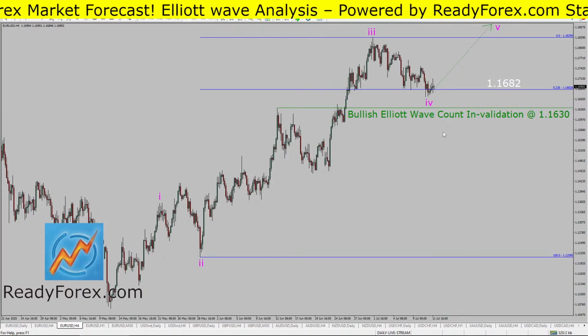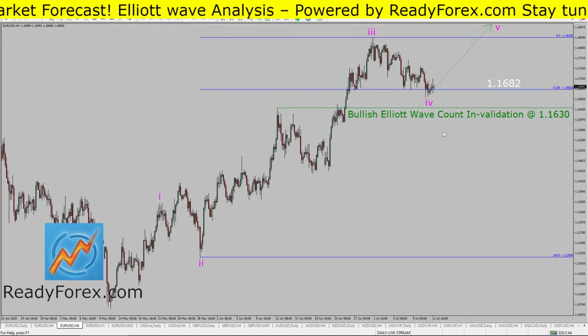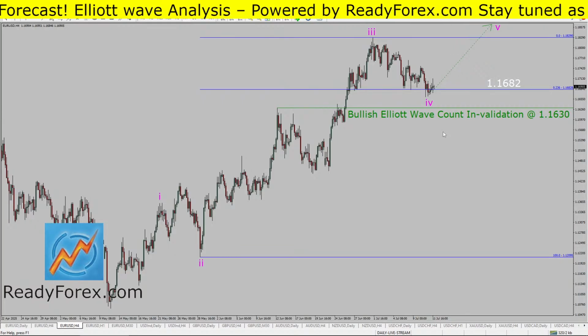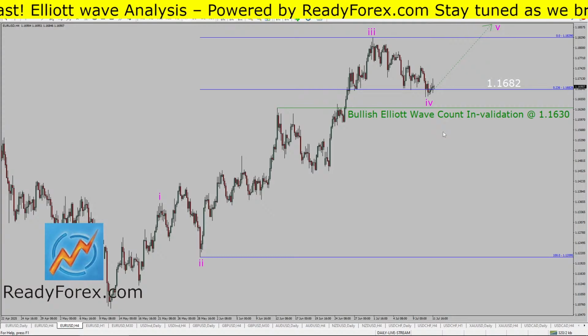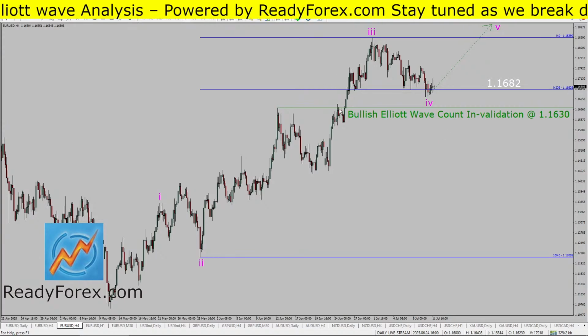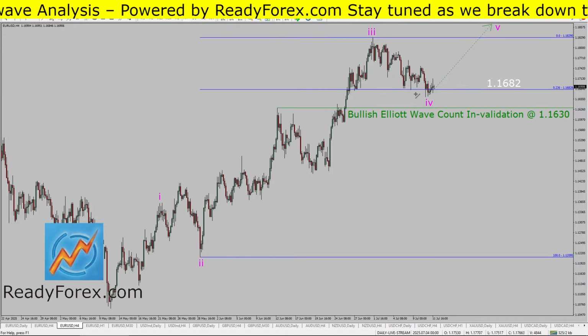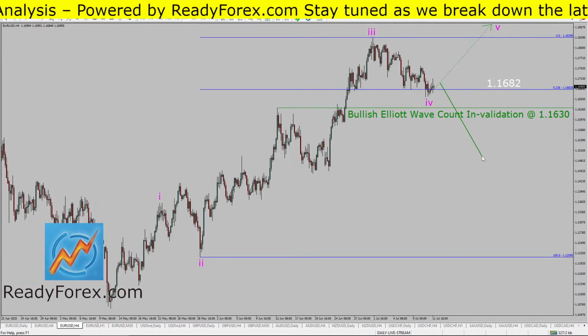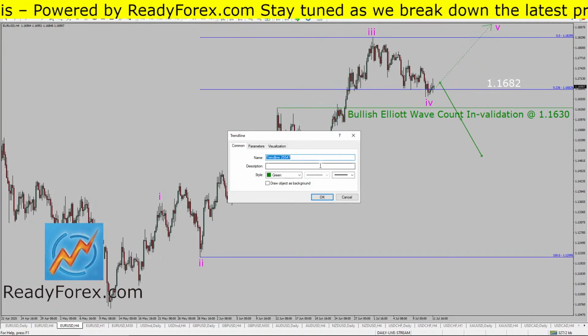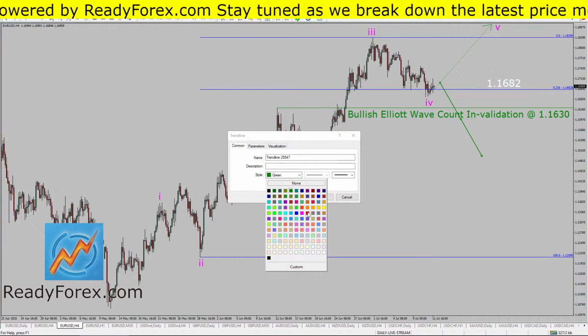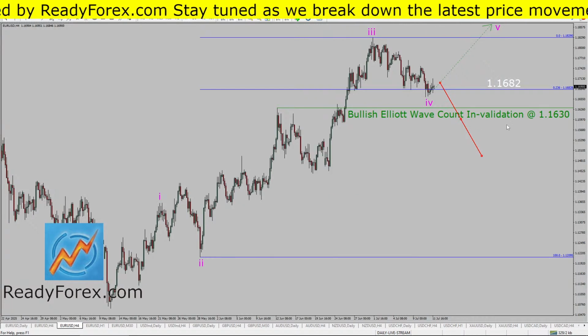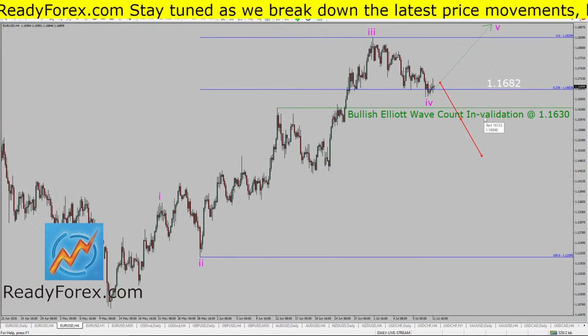So you get a crystal clear idea, a line or a price level which tells you that market should not hit it. So let's say we get a drop in price action and EURUSD is going to hit the 1.1630 level. Then what?